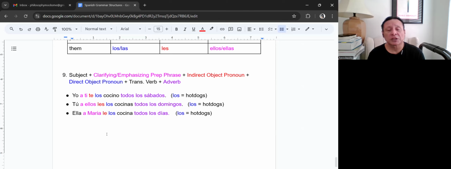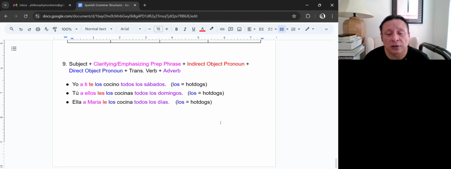If you don't know what an object of a preposition is, it's the noun or pronoun that goes with the preposition. Like prepositions like in, on, with, for, during, about, right? And some object or pronoun goes with it. So on the table, table is the object of the preposition, on is the preposition, right?